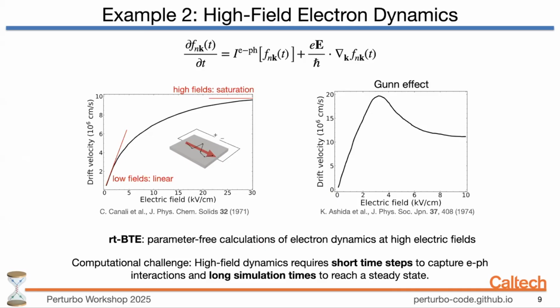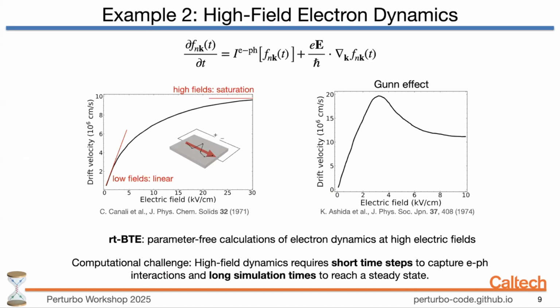So in some materials like silicon on the left-hand side, the drift velocity is linear at low fields and it saturates at high fields. But for certain materials such as gallium arsenide, the drift velocity displays a Gunn effect where it can decrease after a certain electric field.